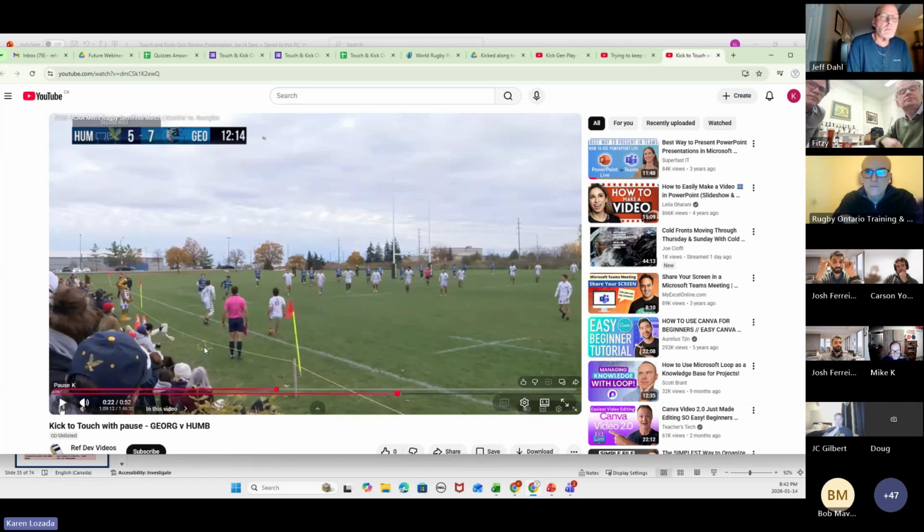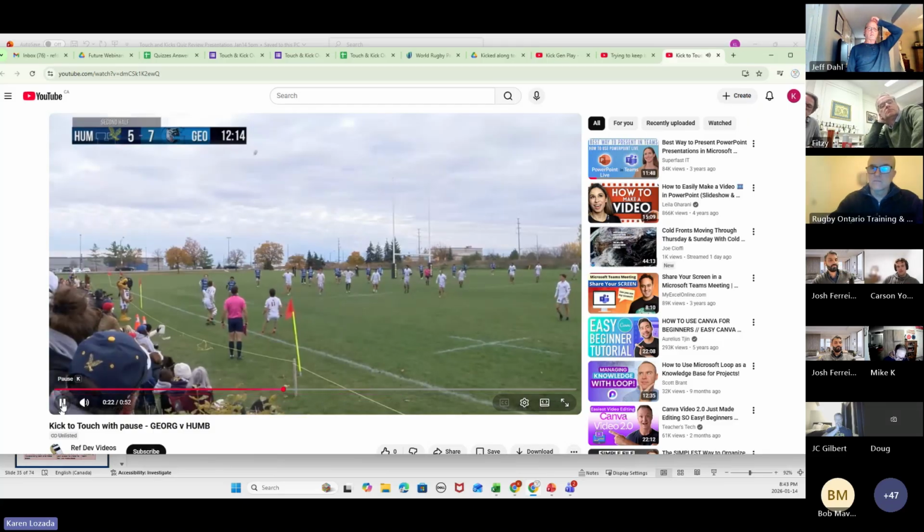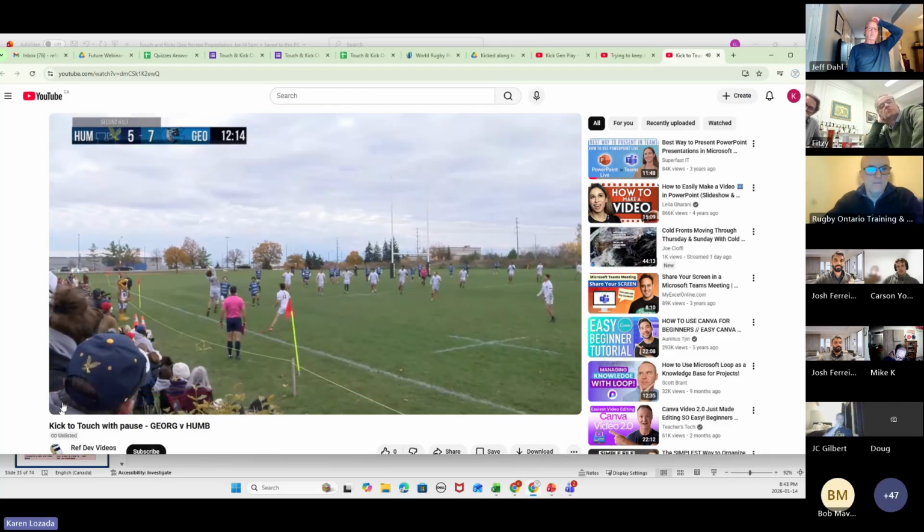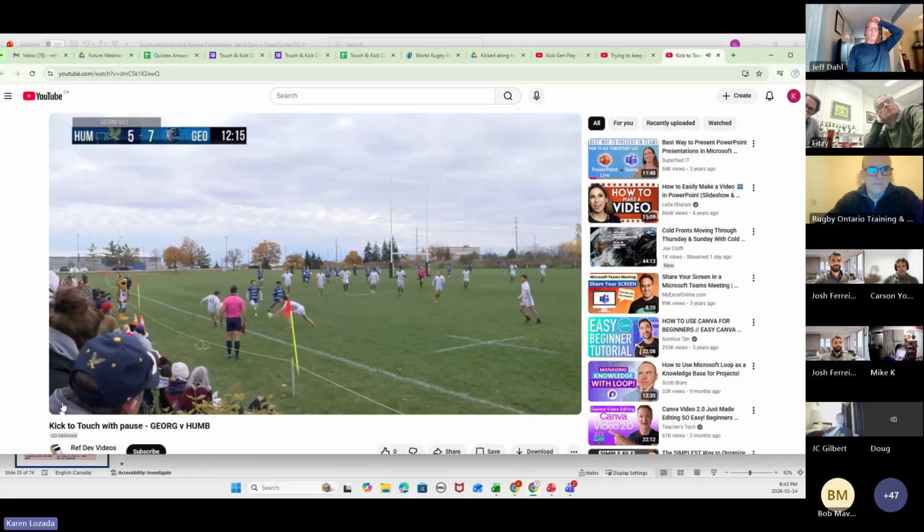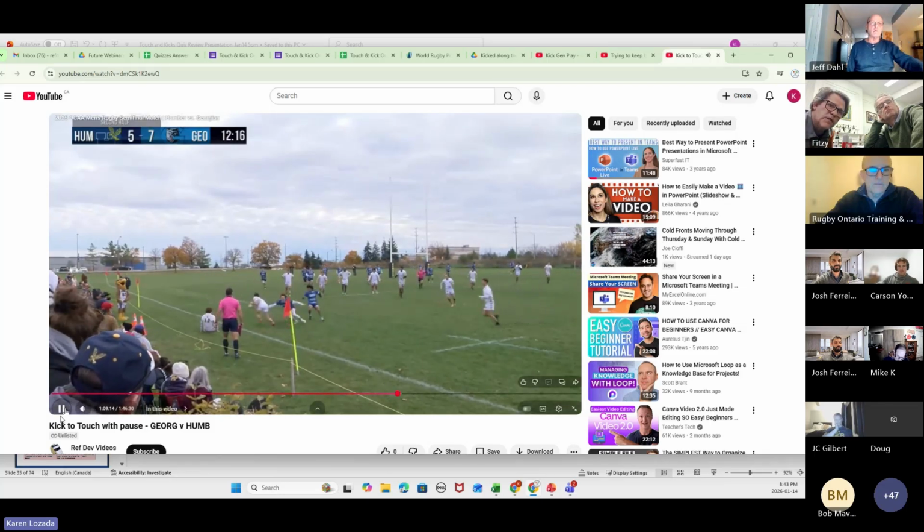Be facing perpendicular to the touchline, standing with this shoulder forward and really judging the plane of touch, right? Make it easier for yourself by being in a better position here. Then you could see, okay, player's out, ball has crossed the plane, and he's touched it. That's a flag up moment there.